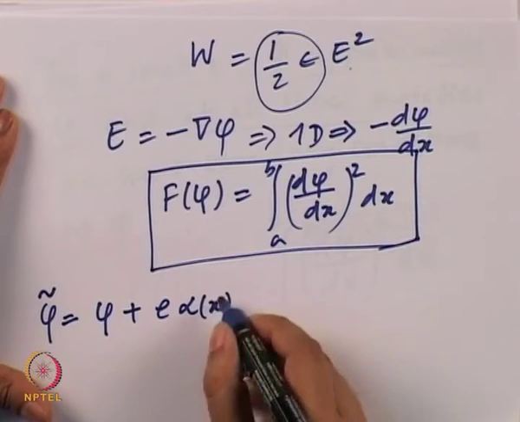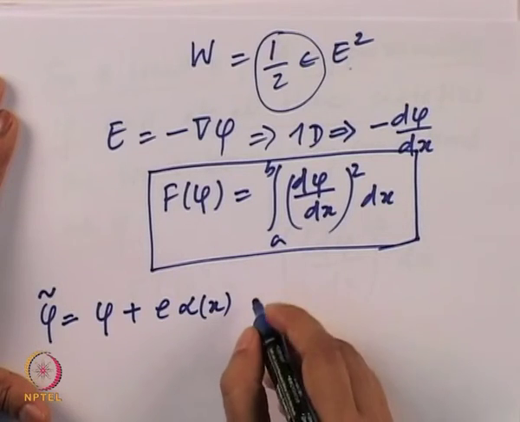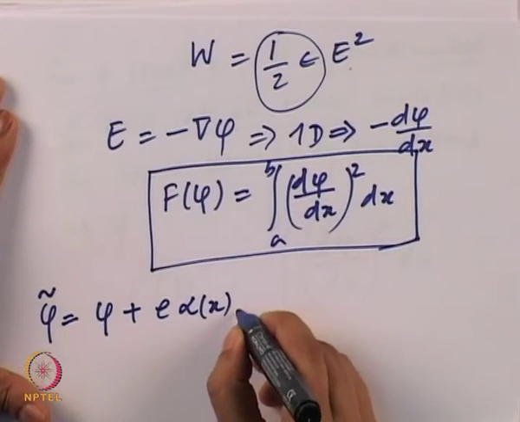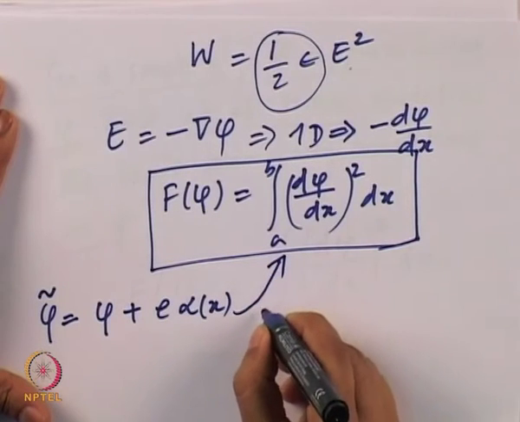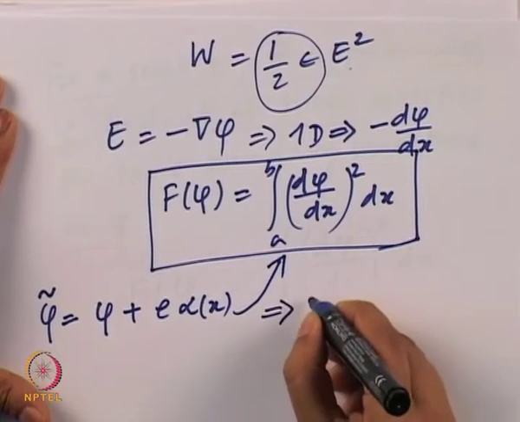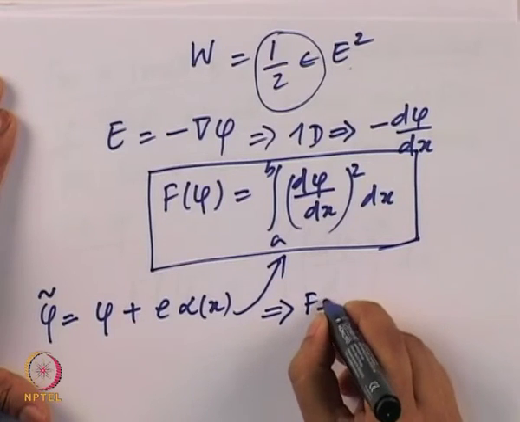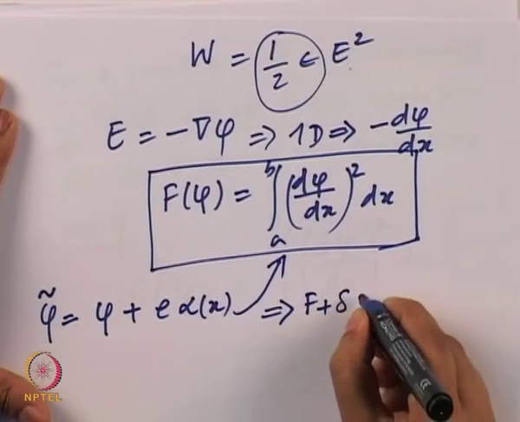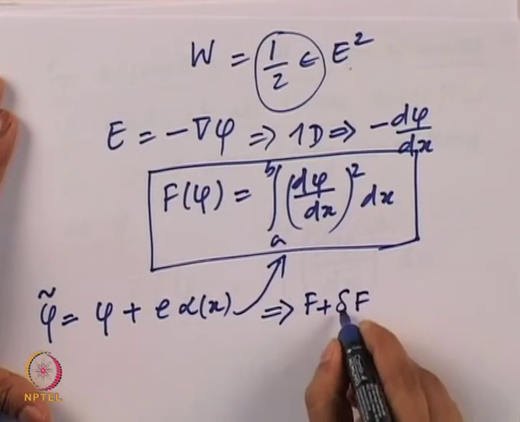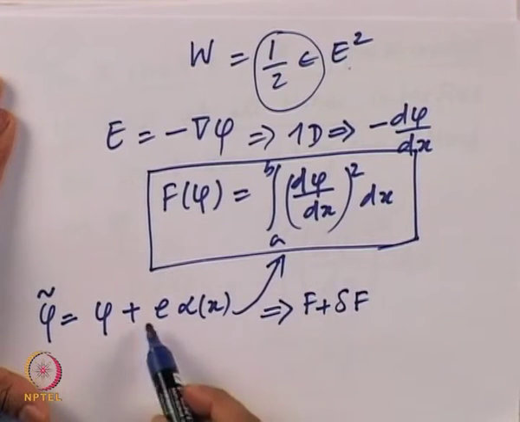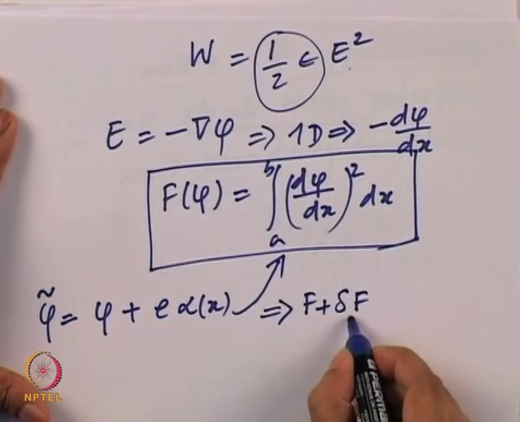I am going to drop the x in order to make the equation easier. So this will give me f plus a certain error, which I call del f, because of this approximation going into this exact equation, I will have an error term.